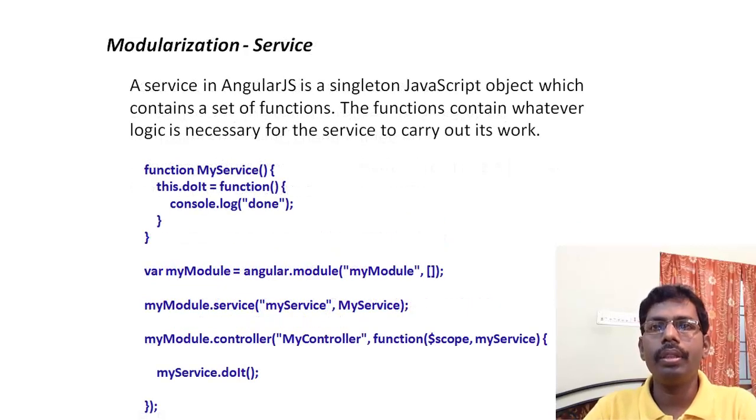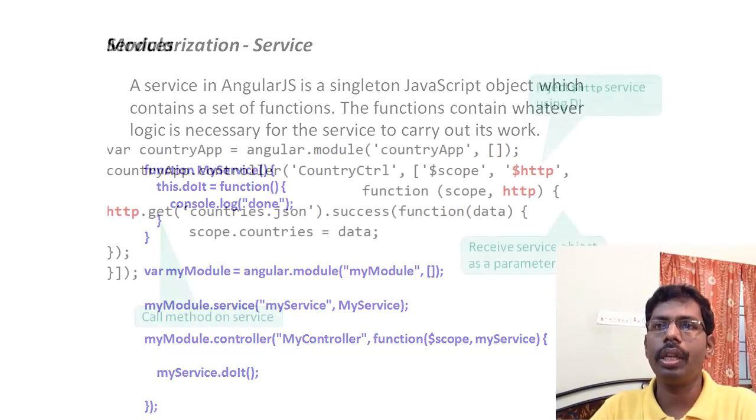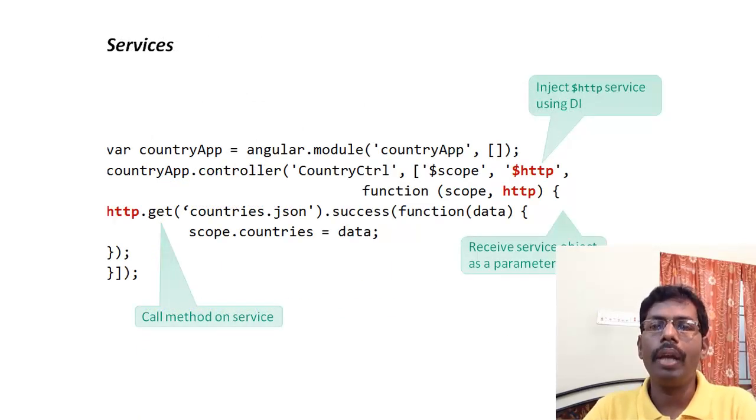The next one is services. A service in AngularJS is a singleton JavaScript object which contains a set of functions. The functions contain whatever logic is necessary for the service to carry out its work.